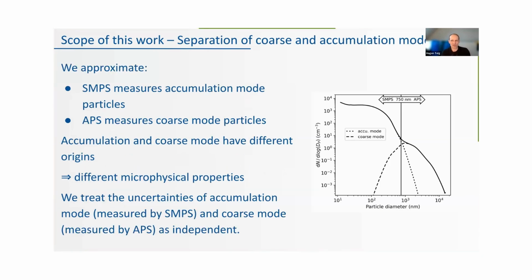And then I will set a further boundary, and that is, I assume that the SMPS measures the accumulation mode particles, and the APS is measuring the coarse mode particles. It's actually a very important simplification for this study. Why this is so important is, first of all, accumulation mode and coarse mode particles have different origins, and therefore they have different microphysical properties.